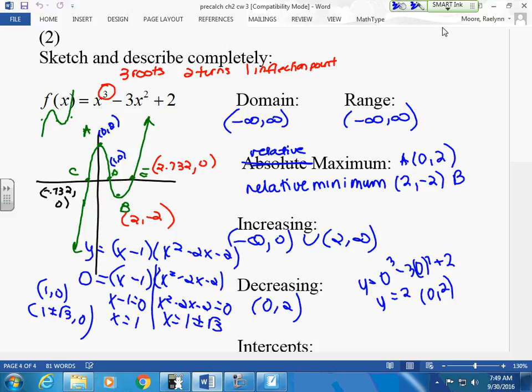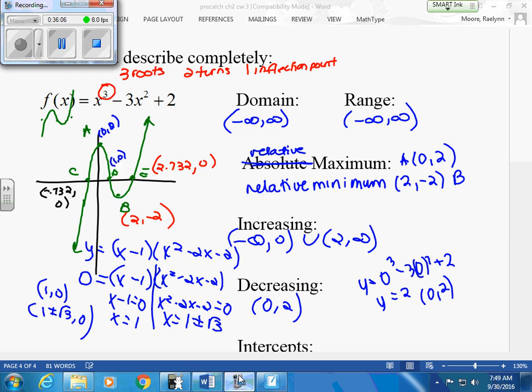So we sketched and defined everything. Are we good? It's a little different than what you're used to, right? Did you do domains? Did you do intercepts? Increasing, decreasing? We're just kind of throwing it all together at you.